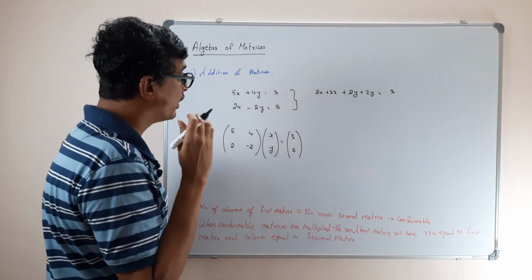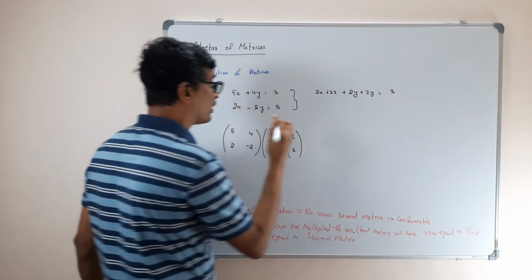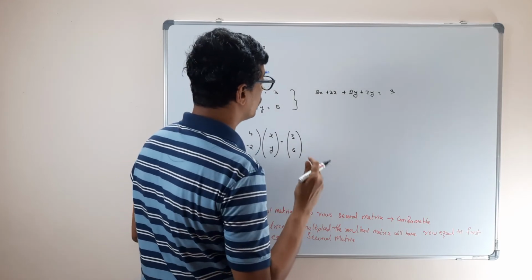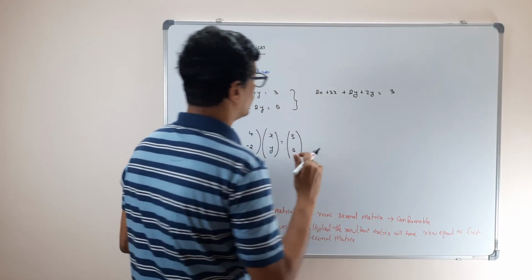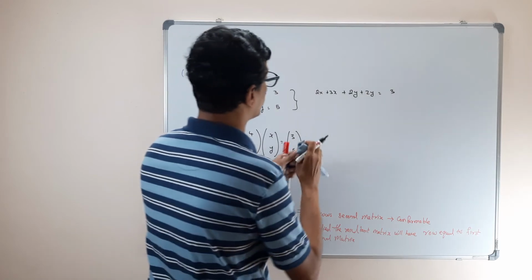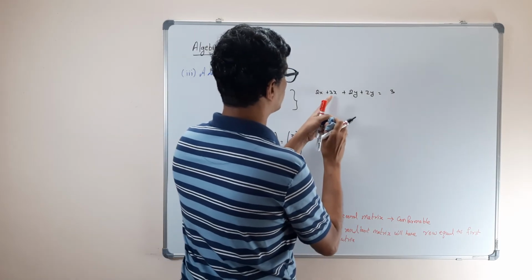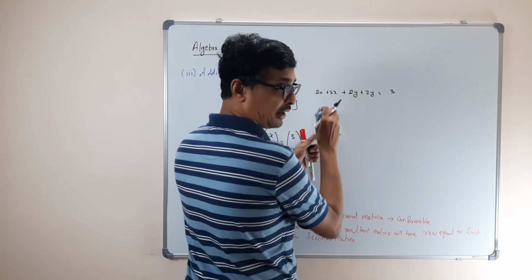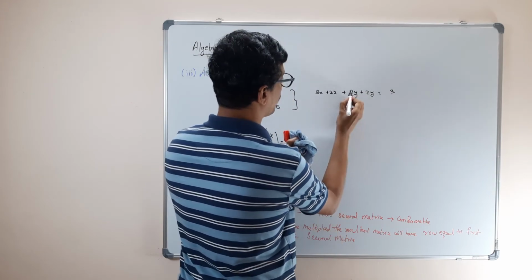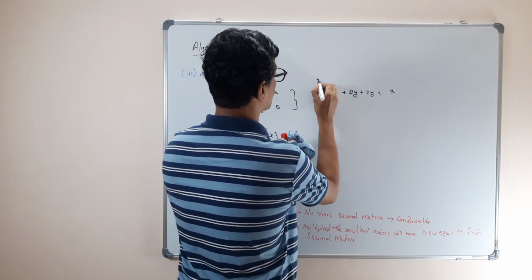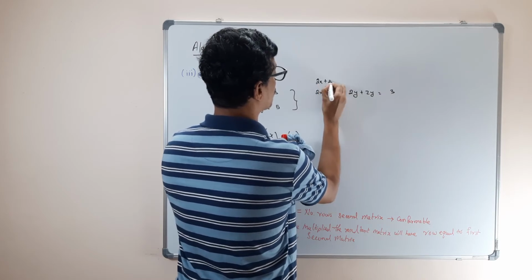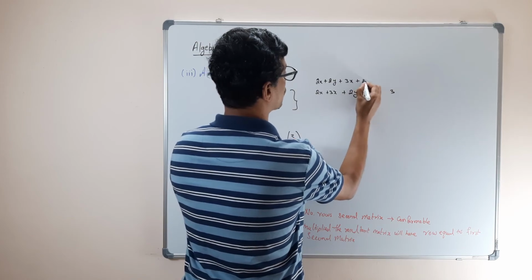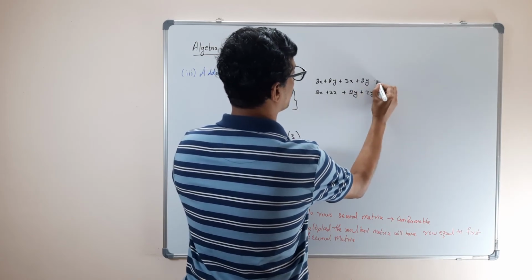So then I will combine these two: 2x plus 2y plus 3x plus 2y. Correct? I can write it, right? You got it? So this I am going to write as 2x plus 2y plus 3x plus 2y equal to 3.